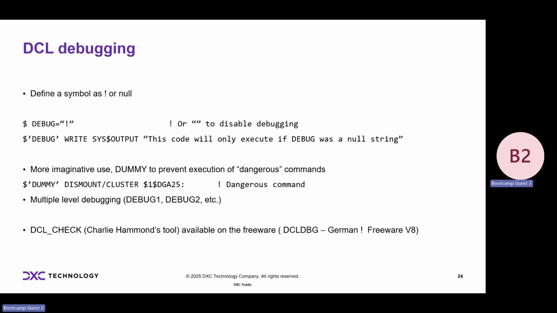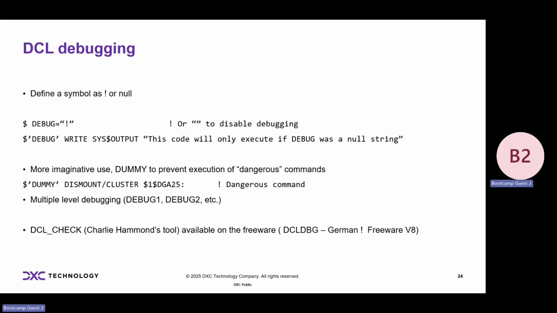And something else that I've used a little bit later, you can also kind of do the reverse thing. If you want to just test the logic without doing any damage, you can have another one called dummy. And you can set that so that when you have set it, it won't do the command. And when you clear it, then your command procedure is, quotes, live. And of course, you can have debug 1, debug 2, all kinds of things like that.